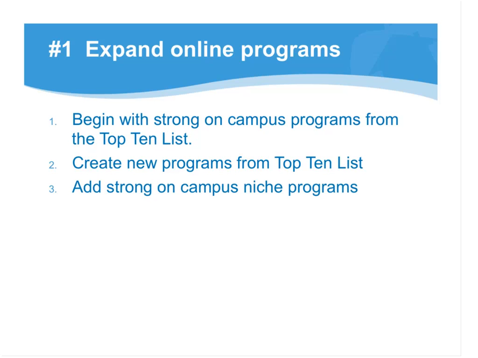Now, there can't be very many institutions in the U.S. that have a degree in mining, but because of their location, it's a big industry in their region, and they draw students from all over the country for that degree in mining because it's rare. We have another client that I visited not too long ago, this past summer, and one of the first degrees they're going to put online, a new partner, is a bachelor's degree in sign language.